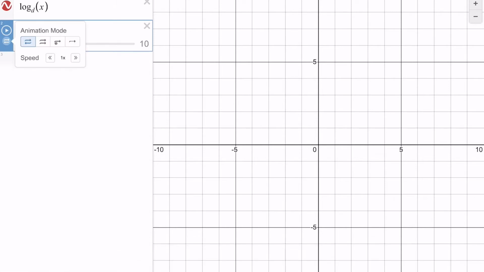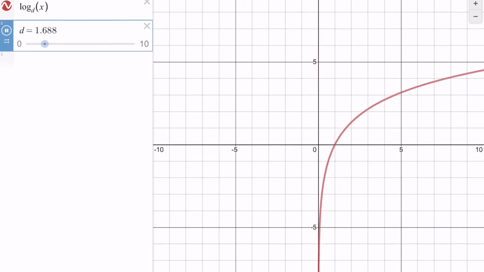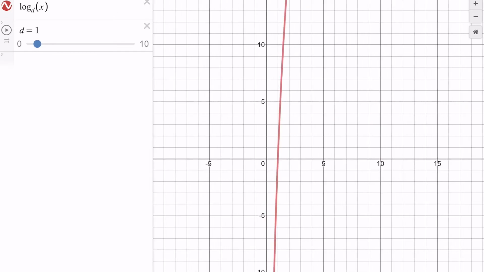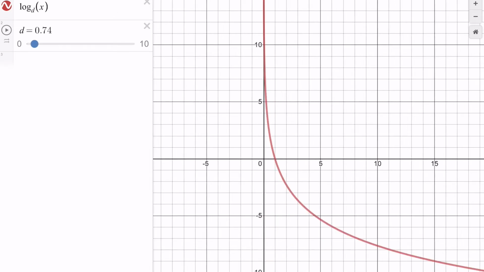I'm going to go a little bit slower. I'll only move forward. See what happens. It starts off, and when it's lesser than 1, it's going downward, because remember, it's going to be a fractional exponent.